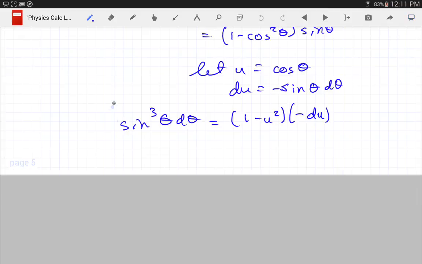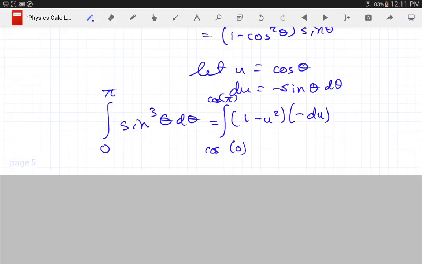If I integrate this, integral from 0 to, what was my limit? 0 to pi. Then this is going to be integral from cosine of 0 to cosine of pi. Does that strike you as fair?